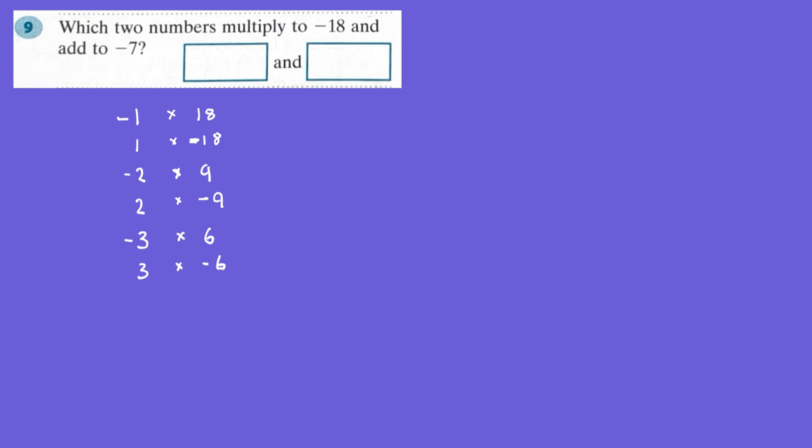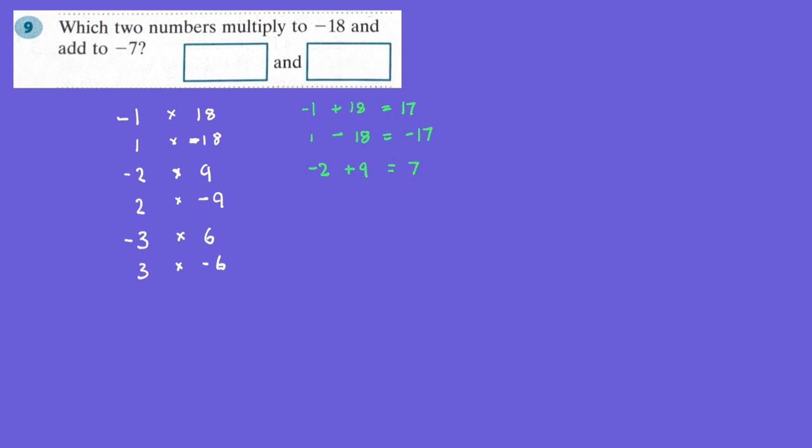Now, what about if I add them together? So minus 1 plus 18 is going to give me 17, and 1 take away 18 is going to give me minus 17. Now that's not minus 7. What about minus 2 plus 9?